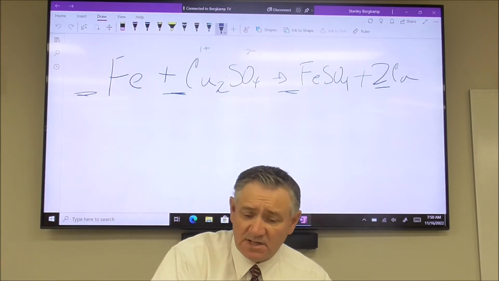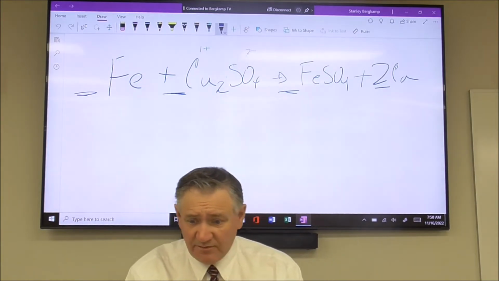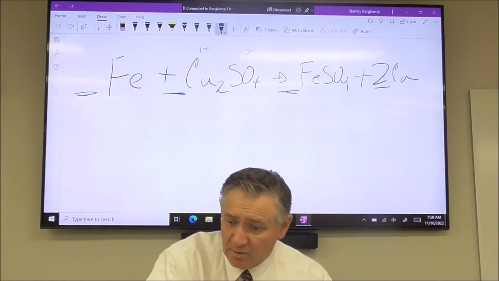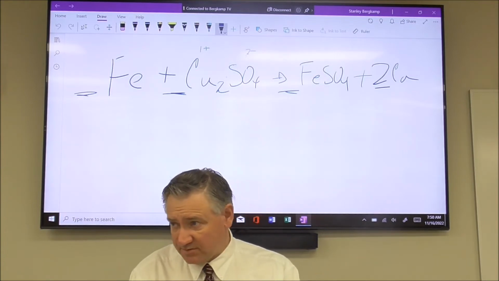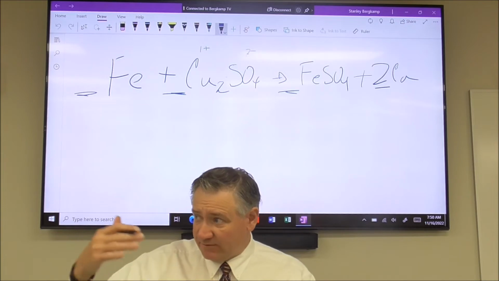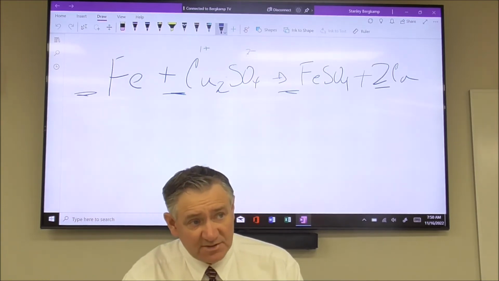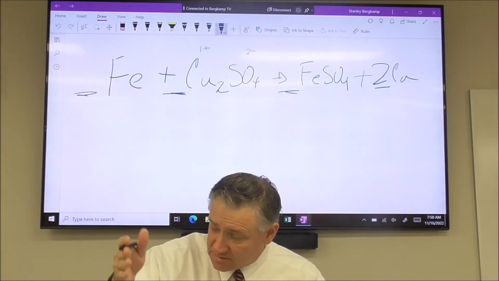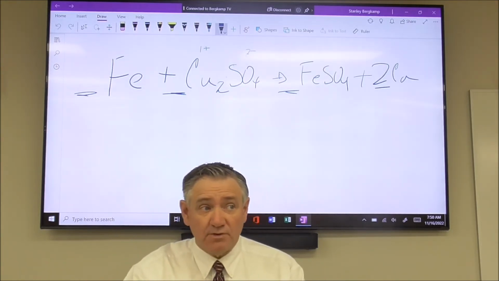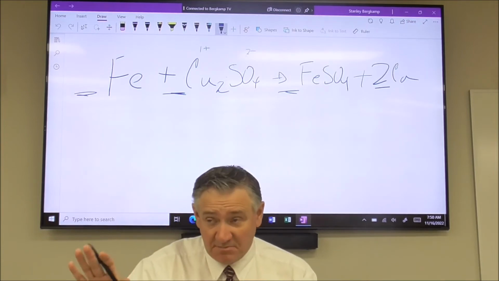This also says 1 mole of iron reacts with 1 mole of copper sulfate, which yields 1 mole of iron sulfate and 2 moles of copper. This is why at the beginning of this packet we revisit the idea of moles, because those coefficients also represent a ratio of moles. They don't represent a ratio of mass. Listen to me, keep this in mind.